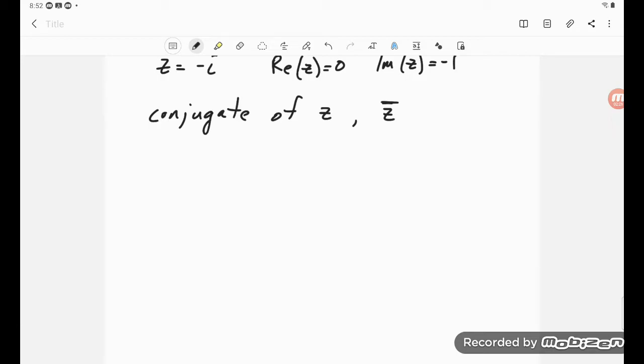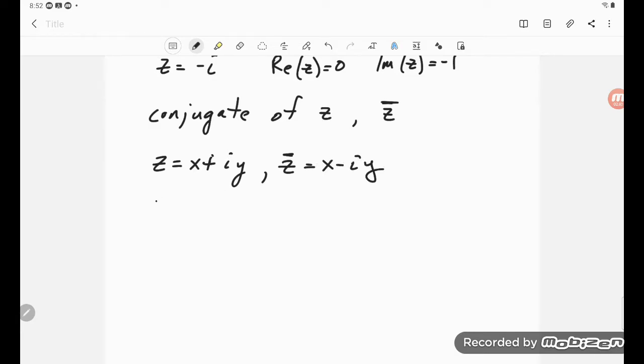And the conjugate, so if we have Z equals X plus IY, then Z conjugate is X minus IY.